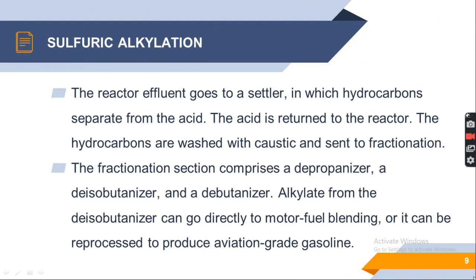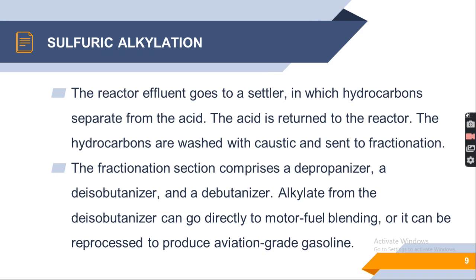The effluent from the reactor goes to a settler in which hydrocarbons are separated from the acid. The acid is returned to the reactor. The hydrocarbons are washed with caustic and sent to fractionation for the separation of the different hydrocarbons.